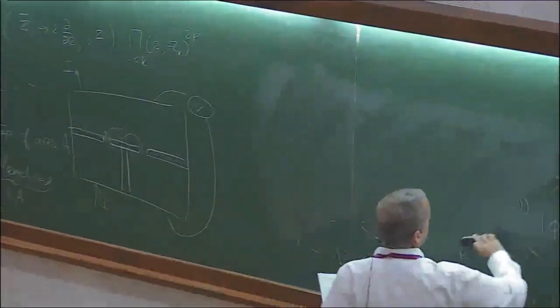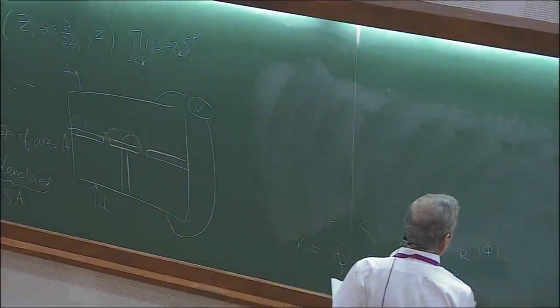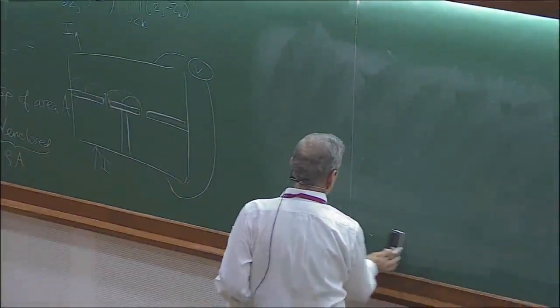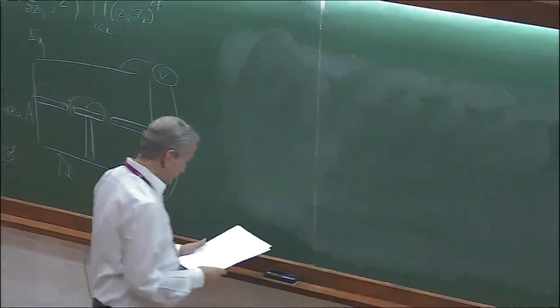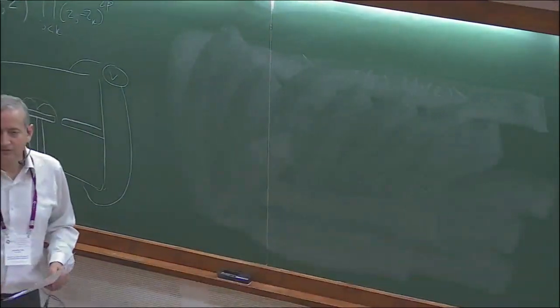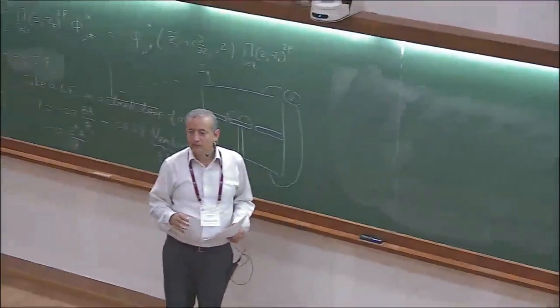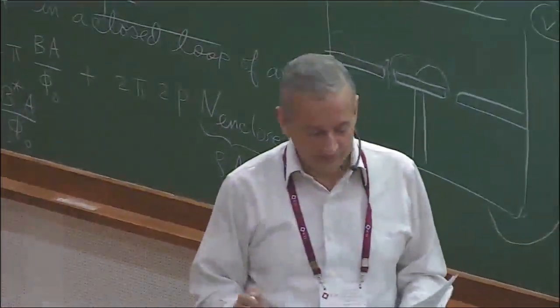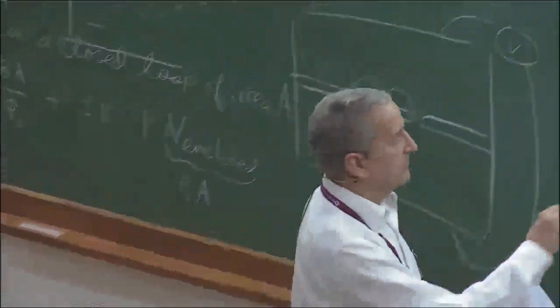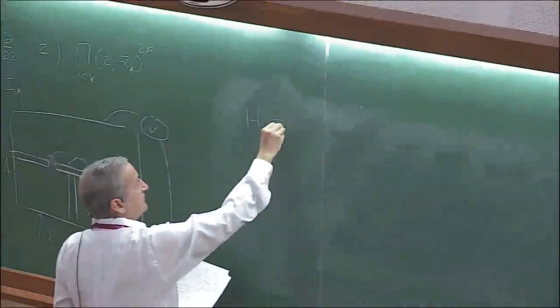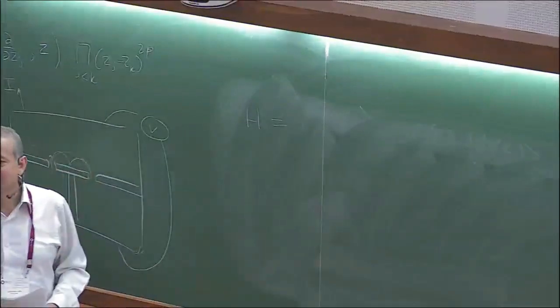So the Hamiltonian version. Before I go to the Lagrangian, I will just write it down, but let's start with the Hamiltonian. This is something I had done some version of in my lecture yesterday. So we have the kinetic energy part.